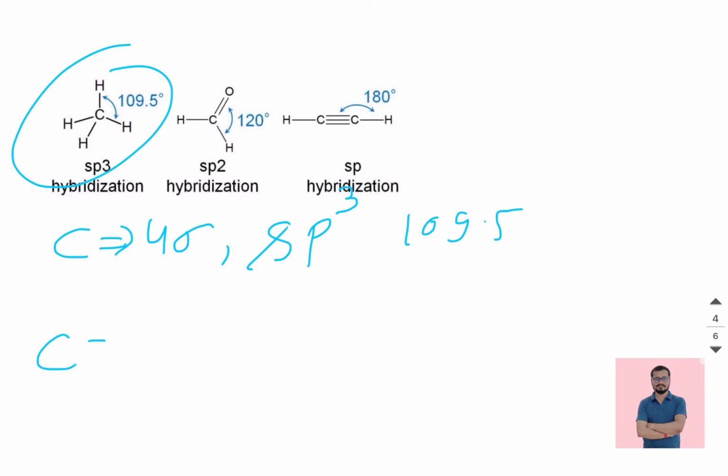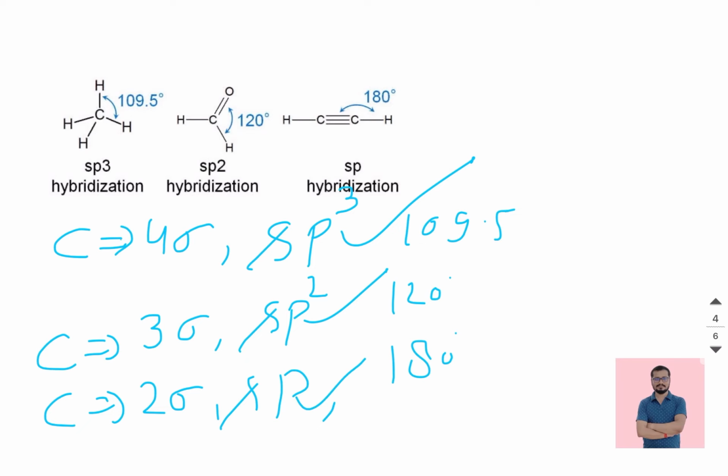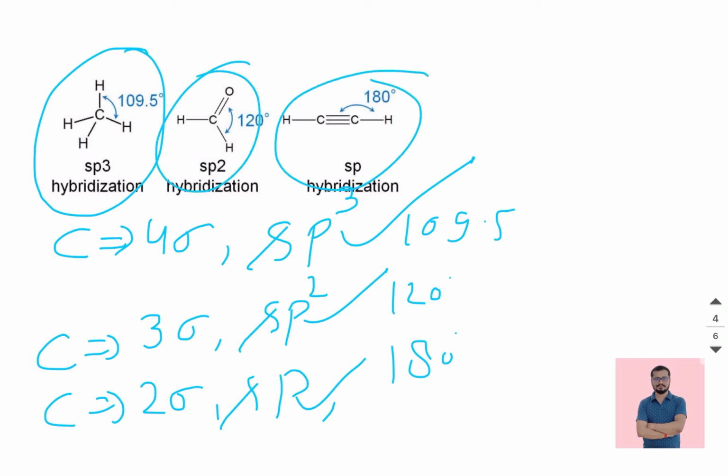Now, if carbon has 3 sigma bonds, then it has sp2 hybridization, which has a bond angle of 120 degrees, and if carbon has 2 sigma bonds, then it has sp hybridization, which has a bond angle of 180 degrees. So simply, carbon with 4 sigma bonds has sp3 hybridization, carbon with a double bond around has sp2, and carbon with a triple bond has sp hybridization. Simply, carbon-carbon single bonds or carbon-hydrogen single bonds all have sp3 hybridization.